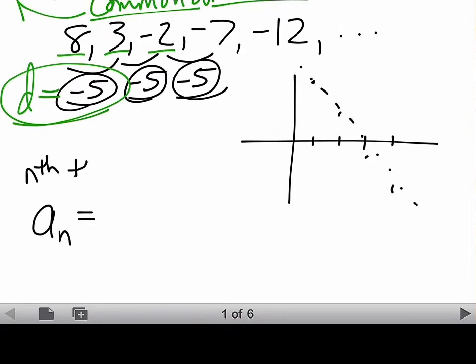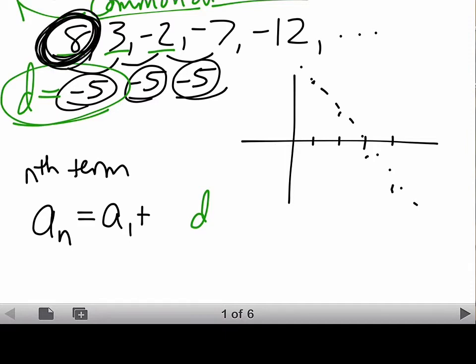The nth term of an arithmetic sequence depends on the first term, a sub 1, and adding the common difference. So I'll throw in the common difference here, and it's going to be added every time, but look, for the first term itself, there's nothing that you added. It's just there. For the second term, you added the common difference once.